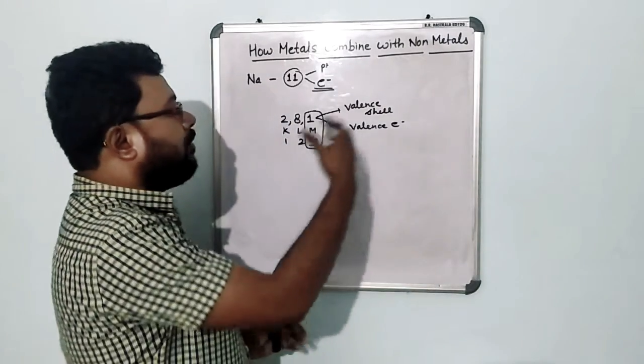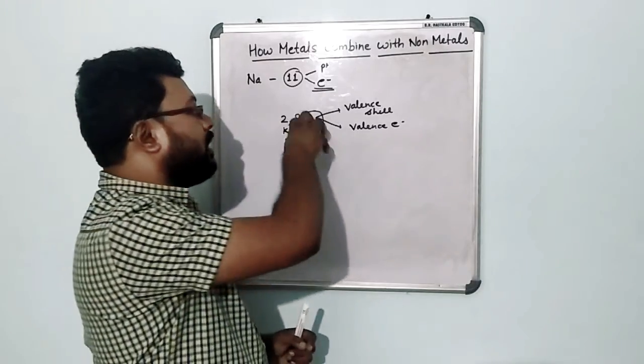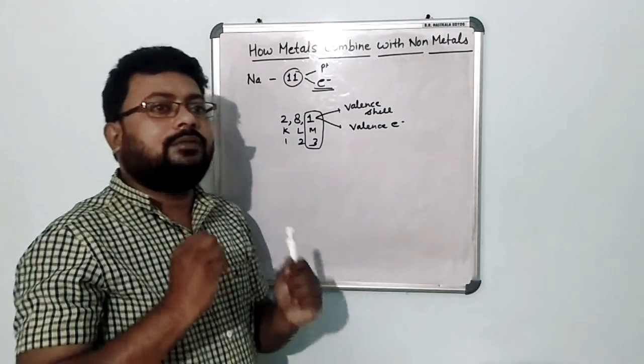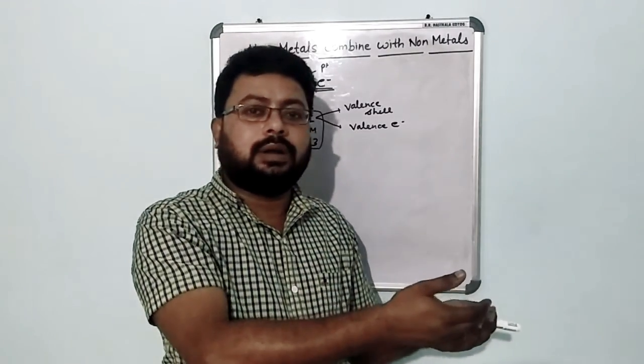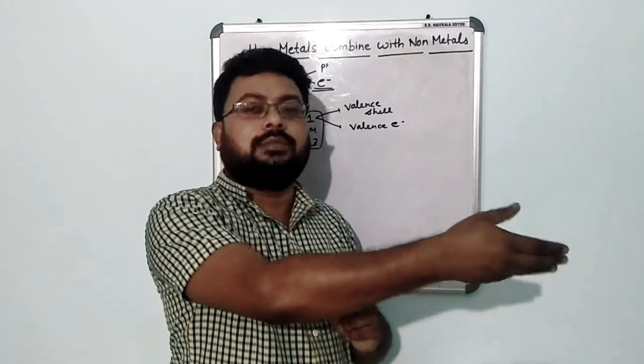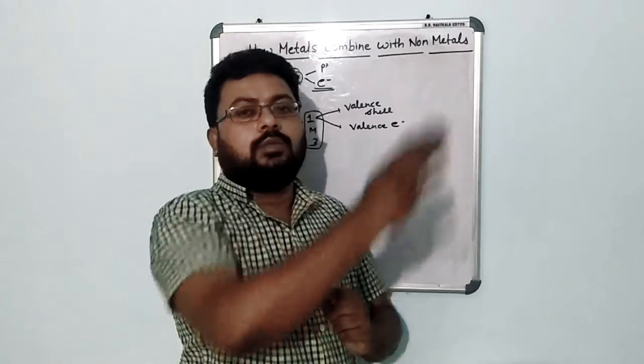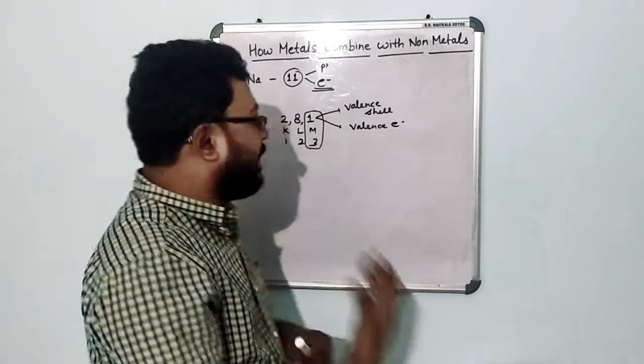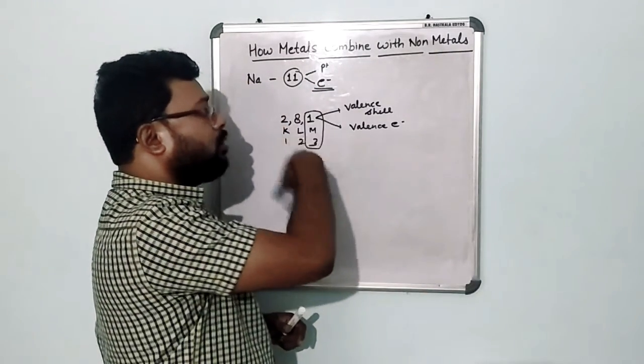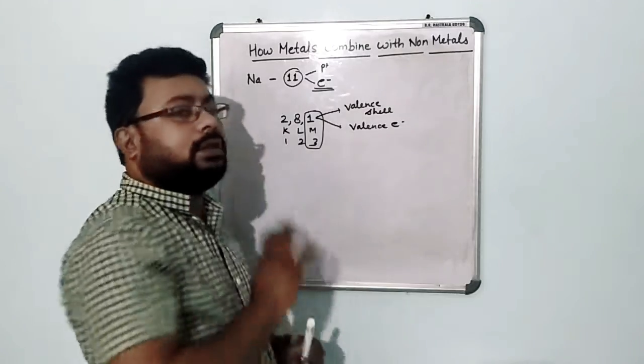In the same way, if an electron is coming, it will always enter into the valence shell, and when you have to go out of your apartment, definitely you will move out of the same room only, right? You will first go to the drawing room, and from there you will move out of the main exit. In the same way, if the electron has to go, it will go out of the valence shell.